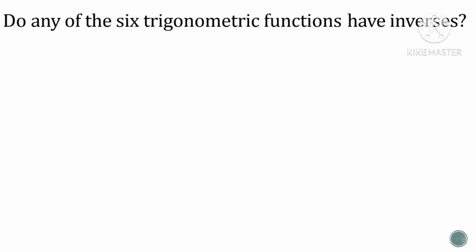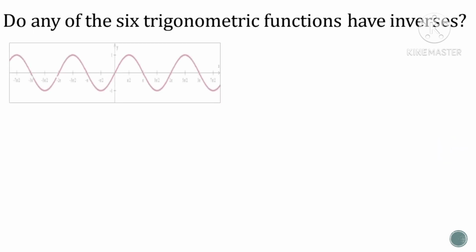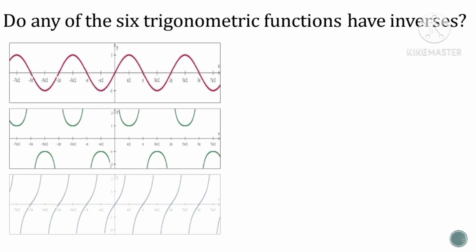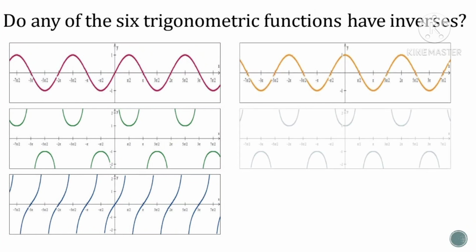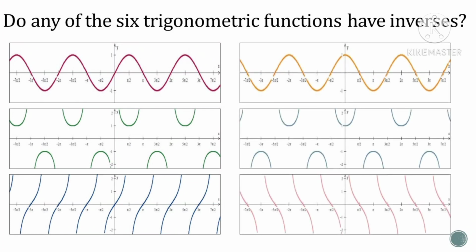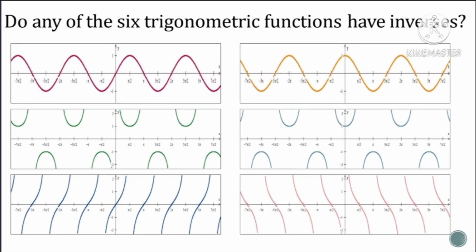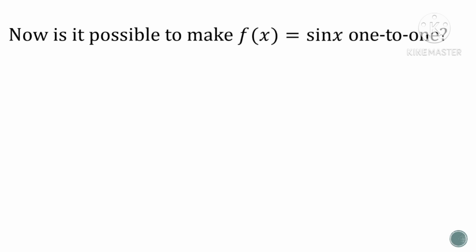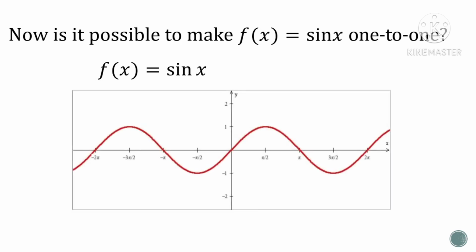Do any of the 6 trigonometric functions have inverses? Let's see their graphs. You will observe that all these functions are many to 1. Therefore, they don't have inverses. Now, is it possible to make f(x) equal to sin x 1 to 1?